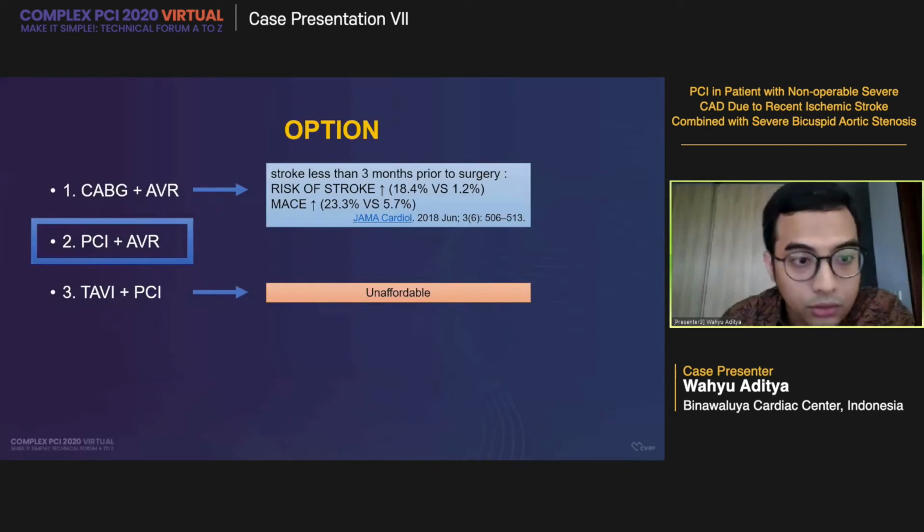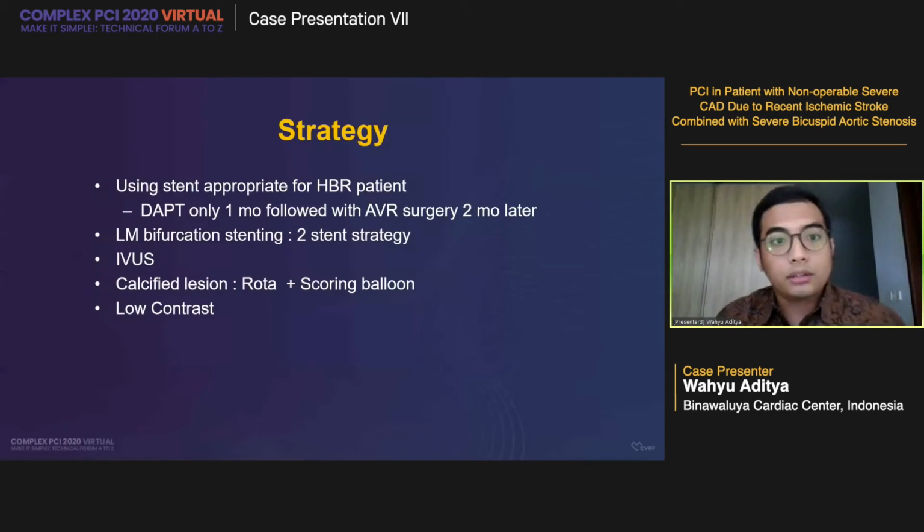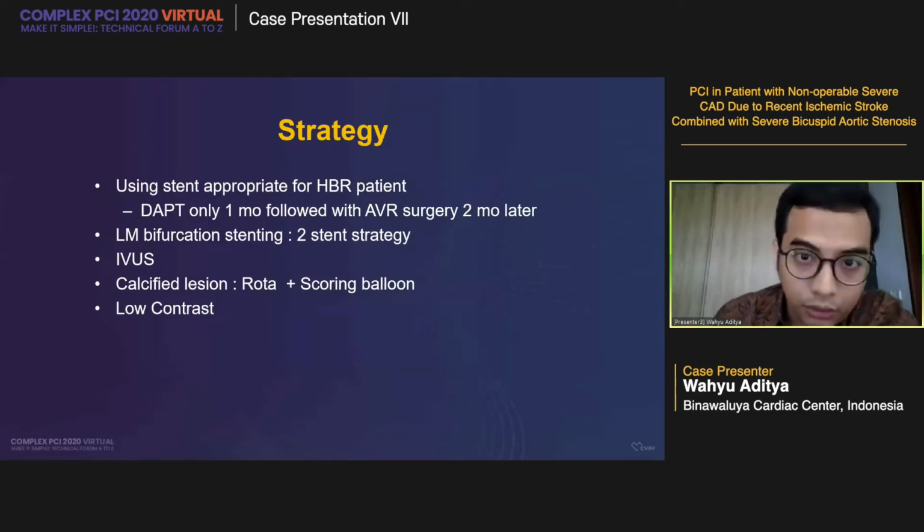The third option is TAVI, but unfortunately the patient cannot afford it. So we chose PCI, and then in 2 months we are going to do valve replacement. This is our strategy: we use a stent appropriate for high bleeding risk patients, with planned dual antiplatelet therapy for only 1 month, followed by surgery 2 months later.